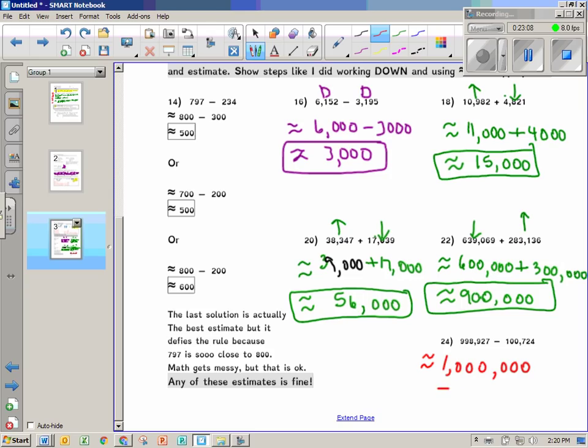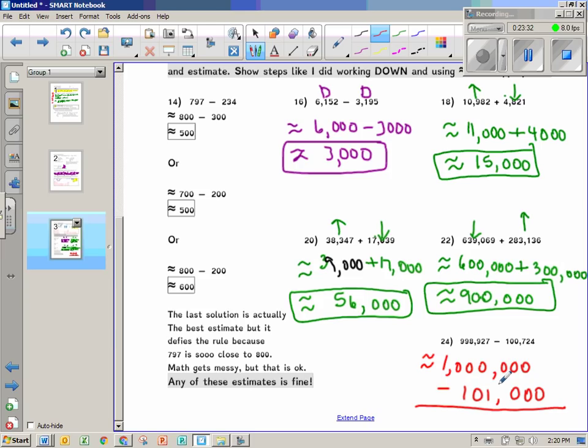So minus 101,000. I'll just kind of do a little vertical subtraction here, and I'm only doing that because I've run out of room over here. On your paper, you really need to write it horizontally and not vertically. But think about this. They're both thousands. You really just need to subtract 1,000 minus 101.